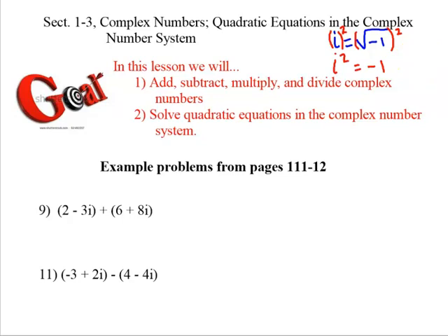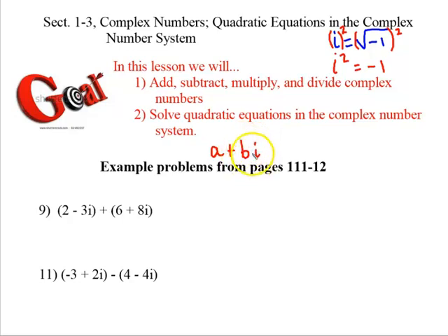Okay, so with that said, we're going to do some operations with complex numbers. A complex number is part real and part imaginary. So this is an example of the format of a complex number. The a represents the real number part, and then you will have either plus or minus the imaginary part.